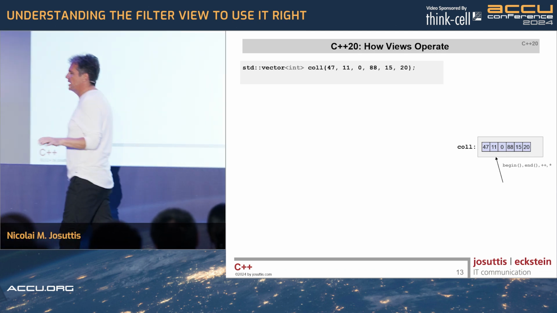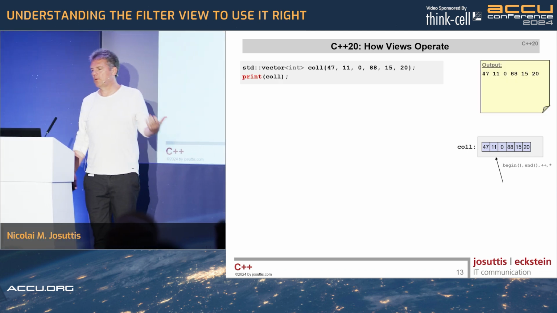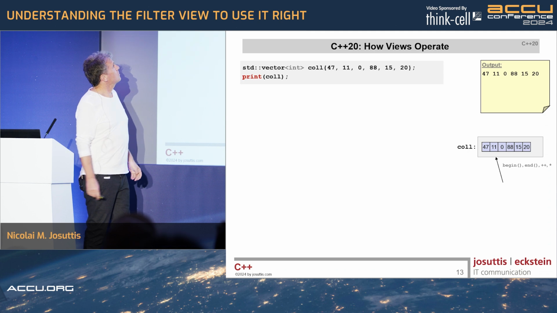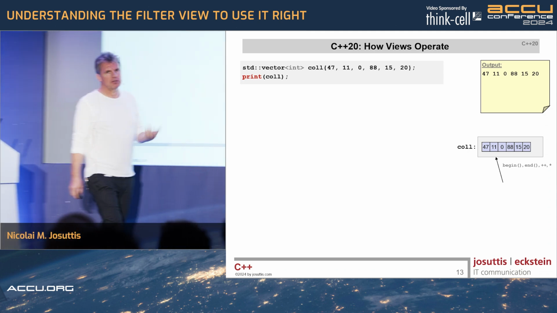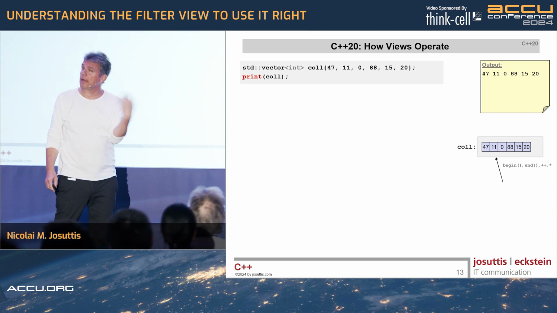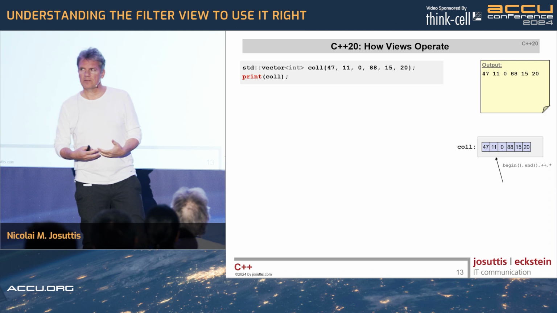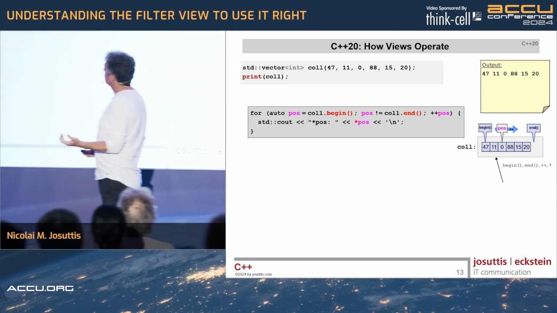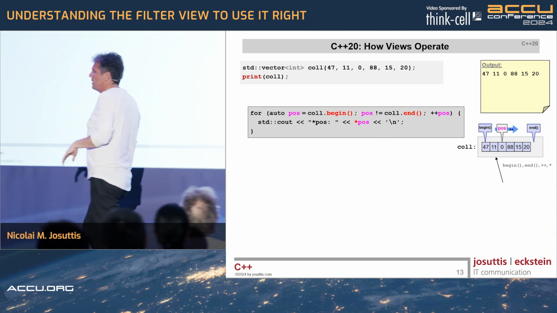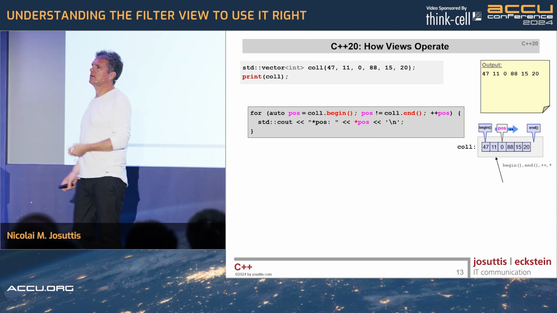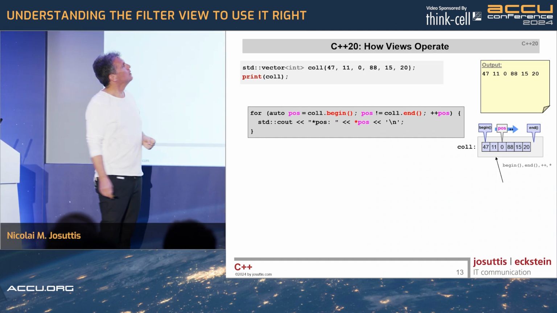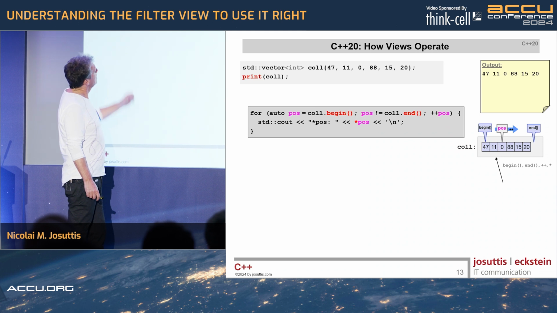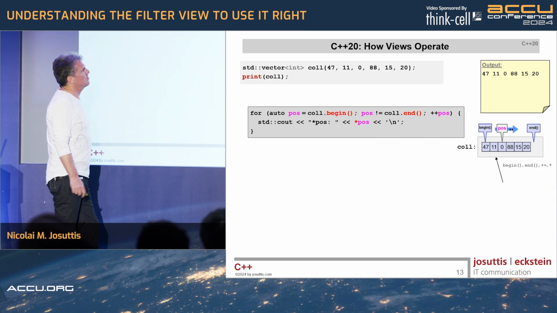We have a vector, and then we want to print the elements. More or less, every function that prints the elements of some range, some container, some sequence of elements, iterates over the values from begin to end. It doesn't matter whether you call it directly, or indirectly using a range-based for loop or whatsoever. But that is the essence of our code.